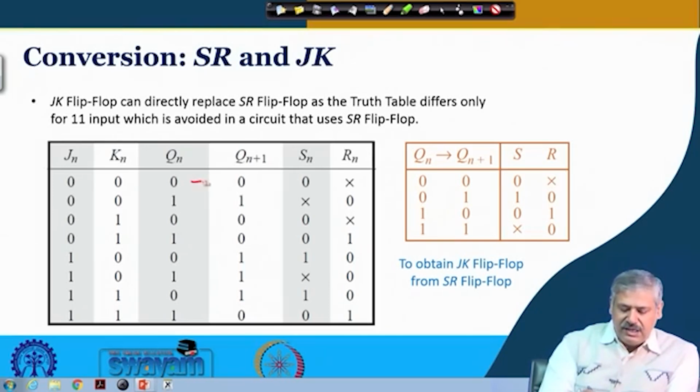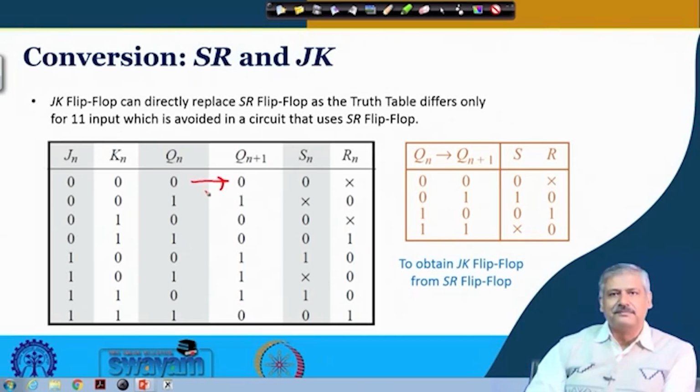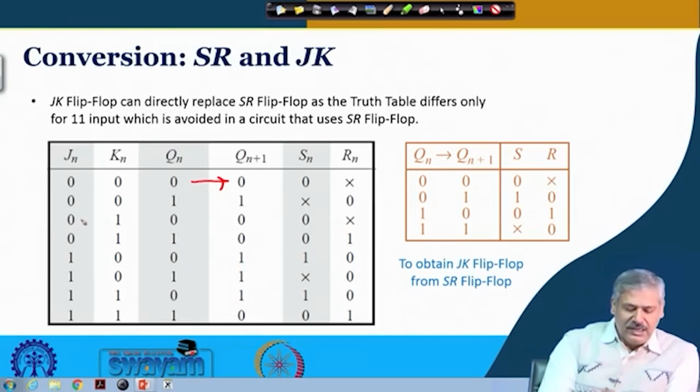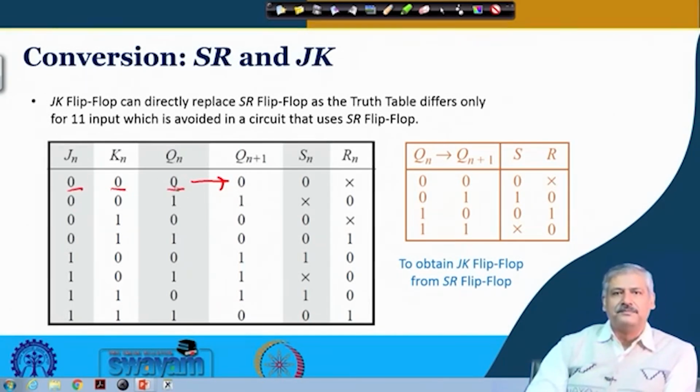Here we see a 0 to 0 transition. If Jn is 0, Kn is 0, and Qn is 0, what should be present at S and R? Since it is a 0 to 0 transition, from the SR flip-flop excitation table we can write 0 X, that means either 0 0 or 0 1, any one of them is okay.